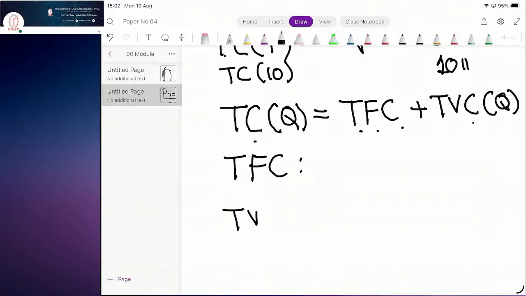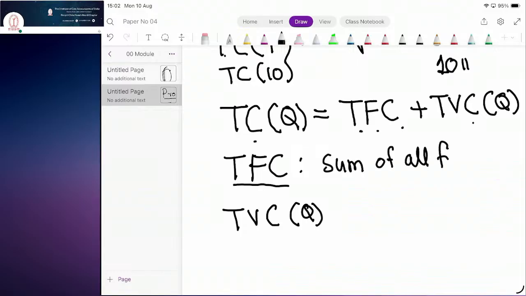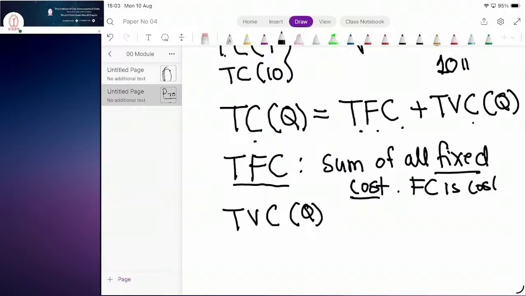Sufficiently important that you all write it in words. What is TFC? Sum of all fixed costs. Okay, and then write what is fixed cost. Fixed cost is cost which does not change with the output. Please write, as I'm writing you also, fixed cost is cost which does not change with output.